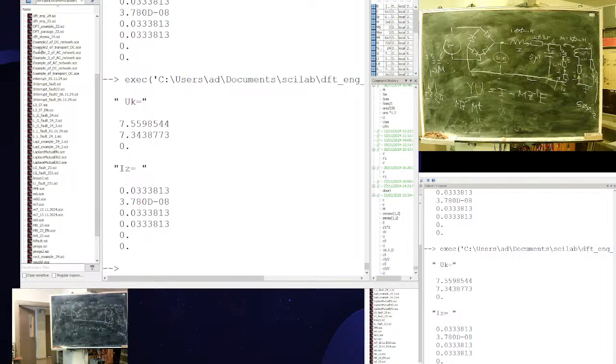Yes! Blue line fully corresponds to the voltage at node 1. Here, blue line and voltage at node 2 and voltage in node 3. It's very small.